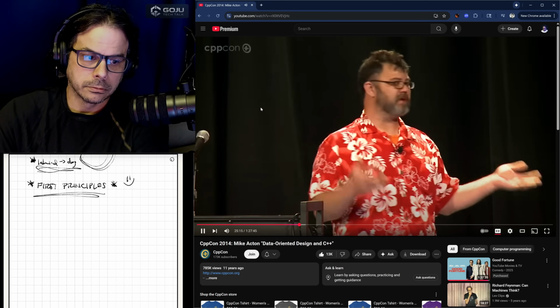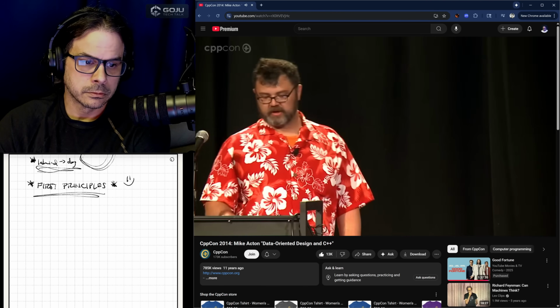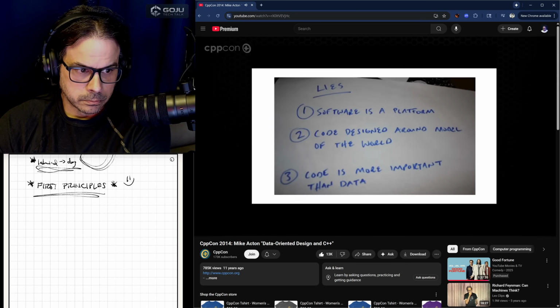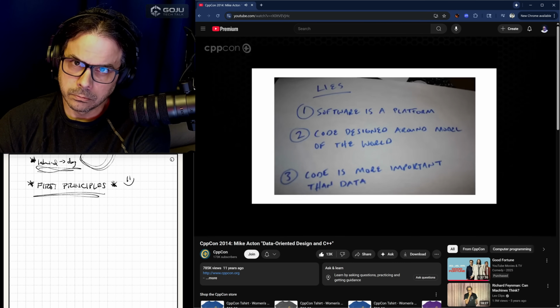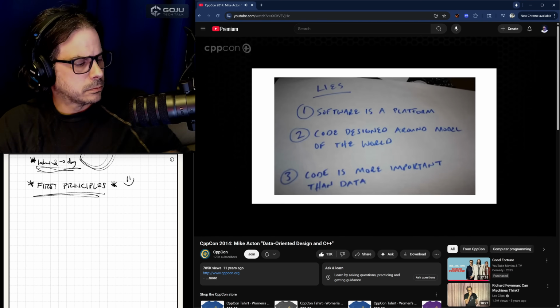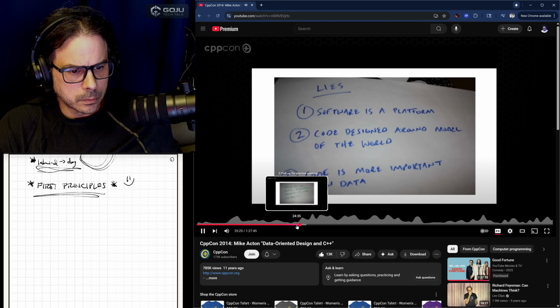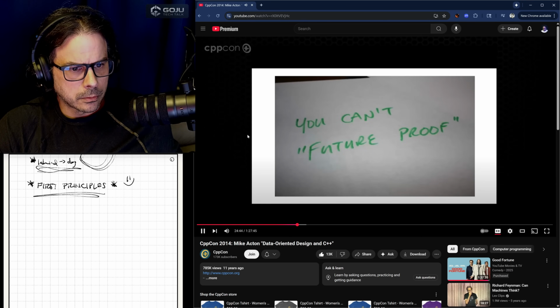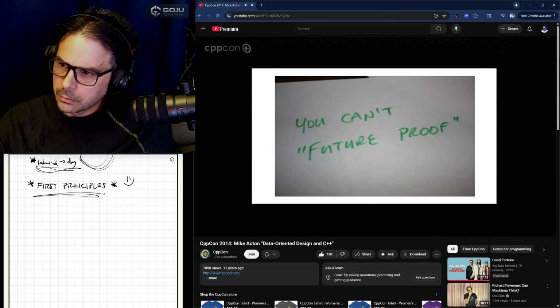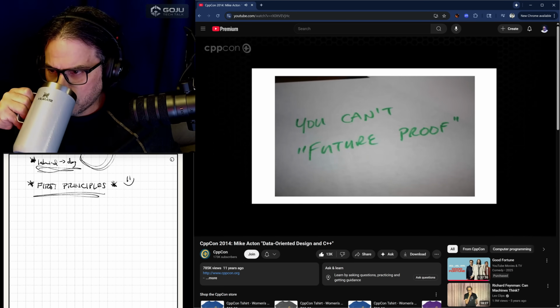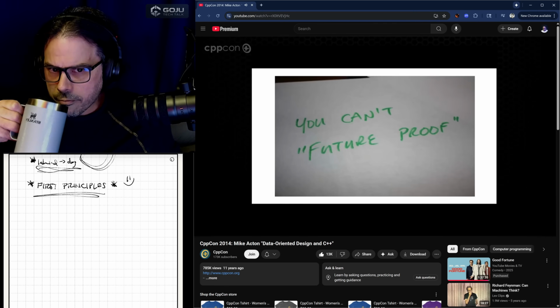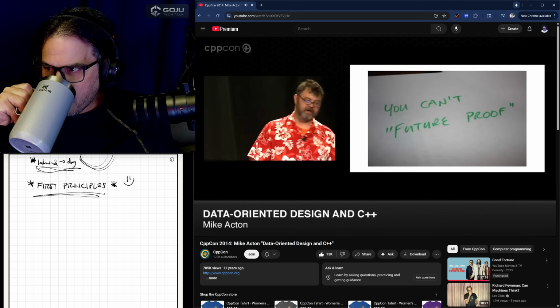Games, the problem has fundamentally changed over time. So to recap the lies, lie 1, software is a platform. Lie 2, code should be designed around the model of the world. You cannot future-proof. This is just a trap that people fall in, believing that I can just make some code and it will last forever across all imaginary systems that could ever happen in the future, right?